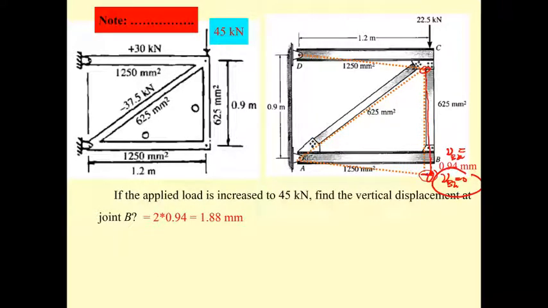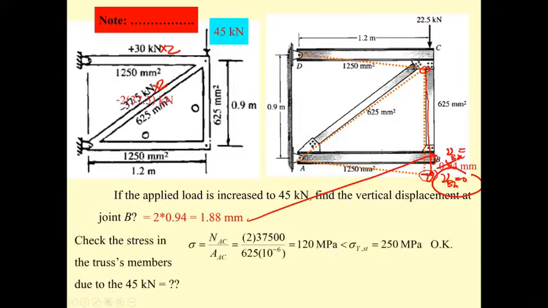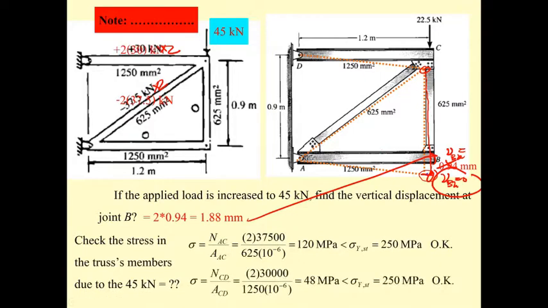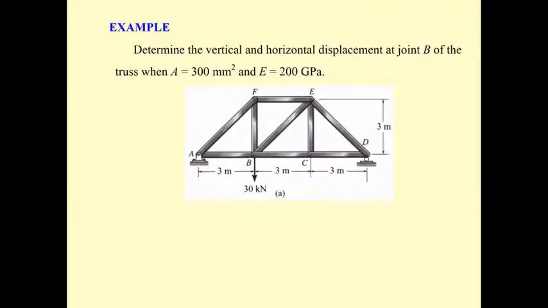The force here, to be correct, this one is going to times 2, this one is going to times 2. And that means the deflection here is going to be times 2, and you get everything. The stress will be in linear elastic. Okay, now we finish the first problem.